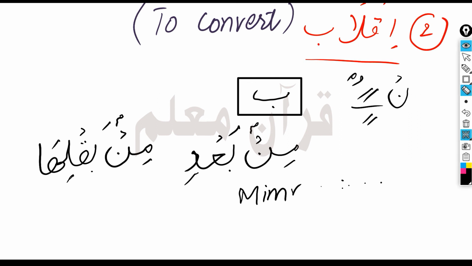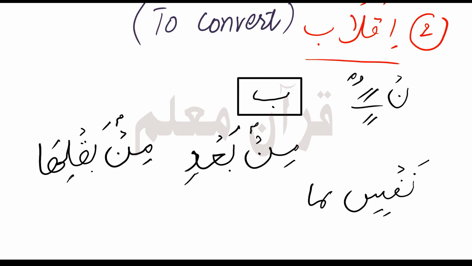Now inshallah I'll be giving the examples with the tanween. If after tanween we have letter ba, we need to change the sound of nun sakin to mim. For example, the word is nafsin bima. As you know, in the tanween, the sound of the nun sakin is hidden.